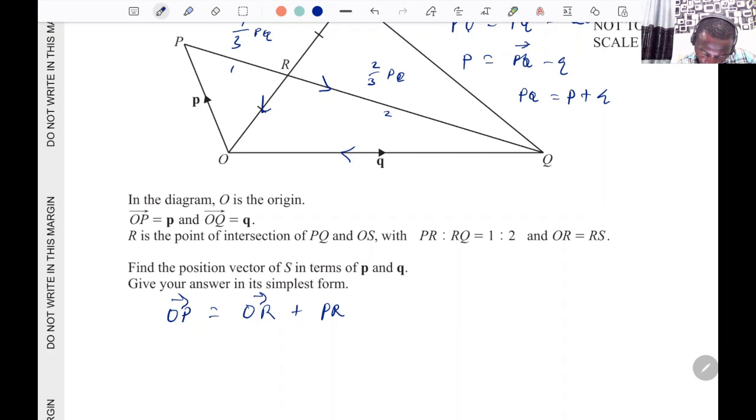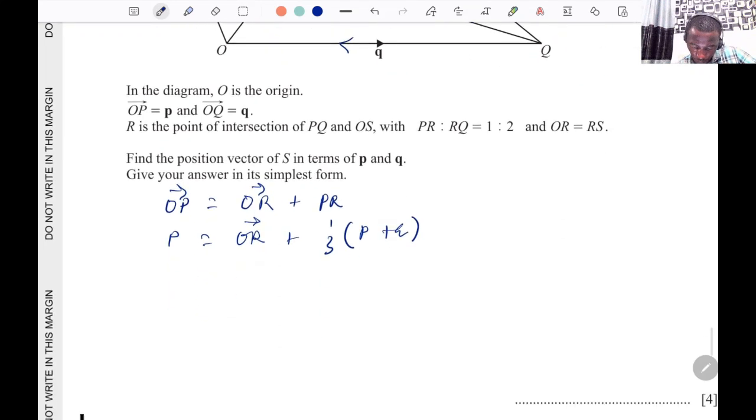Now for my OP is P, no problem. My OR is what I'm looking for. Then plus my PR. Remember, my PR will become 1 over 3 in bracket P plus Q.